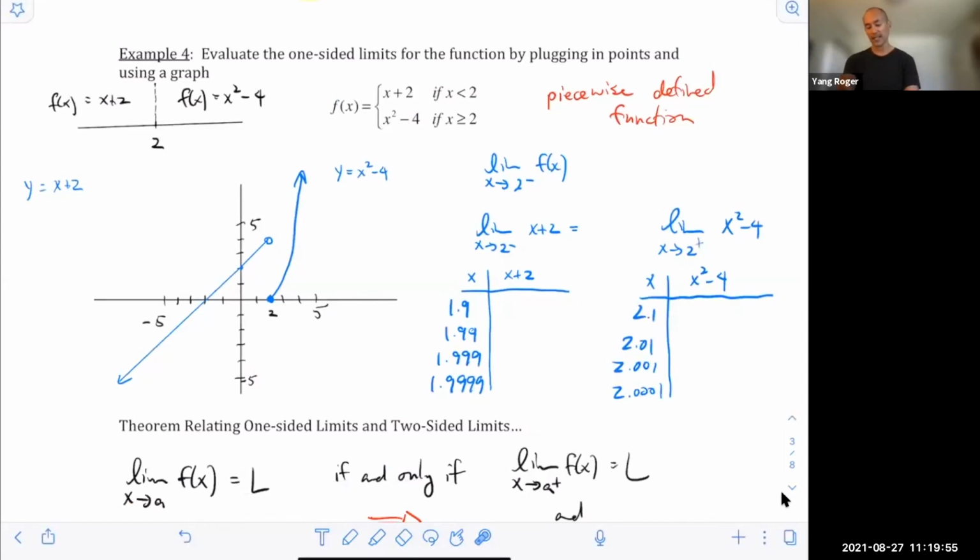We're doing a one-sided limit, right? We're not doing two-sided. Coming this way, it's going to be 4. And then coming from the other direction, coming this way, it's going to be 0, right?